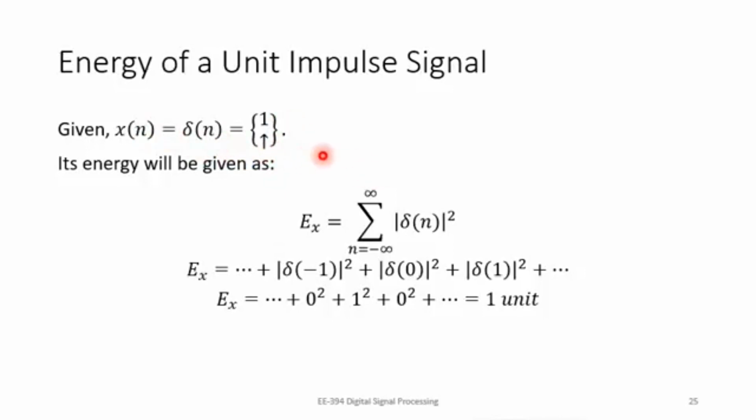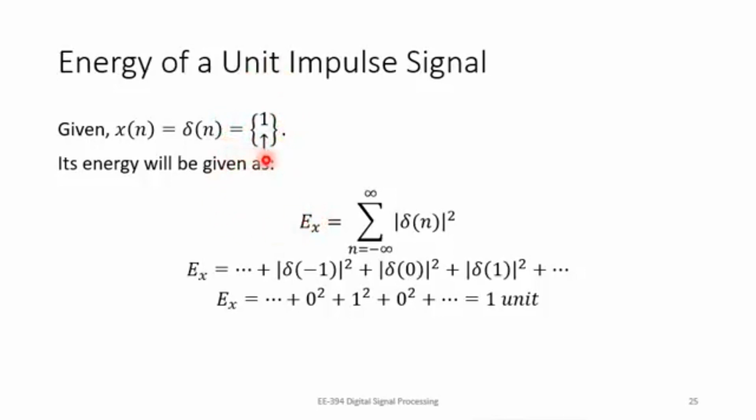Just visualize that if you take the magnitude of this signal, it remains the same. If you take the square of this entire signal, the square of 1 is 1 and the square of 0 is 0, so we still get the same signal, and then we sum all the values from minus infinity to plus infinity. We have all zeros and just one value of 1, so the sum will be 1.